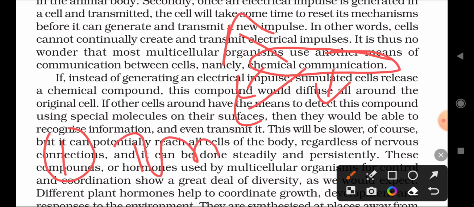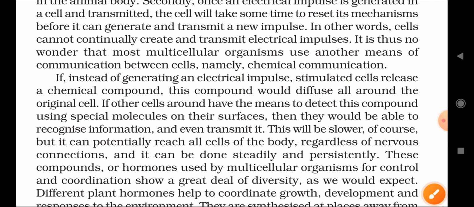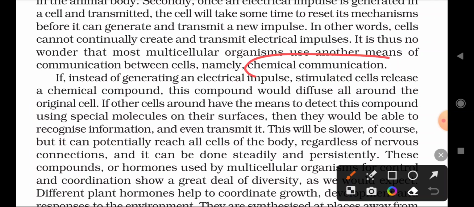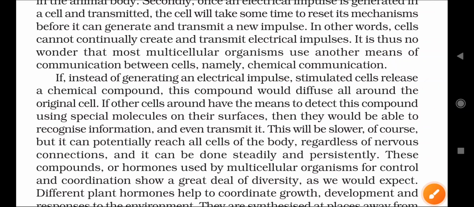They can ask a variety of questions, but the answer will be the same. These 2 points you have to write: the limitations of electrical impulse. Remember that. All right, a very important point.